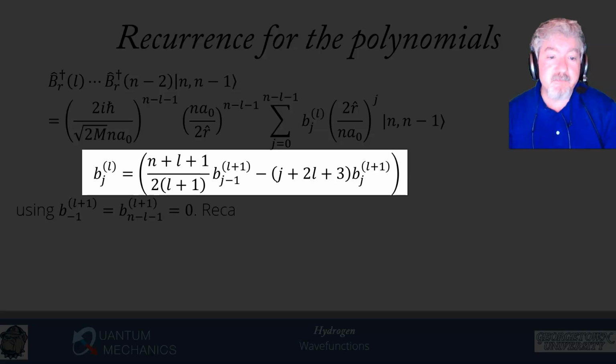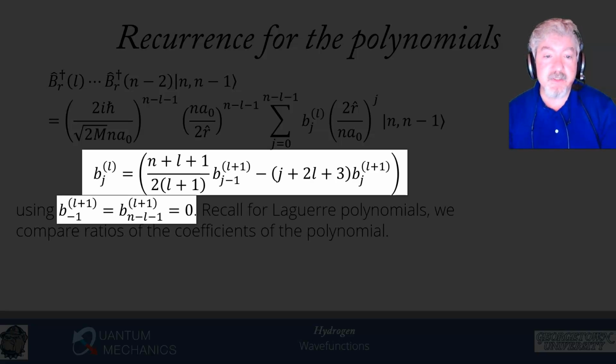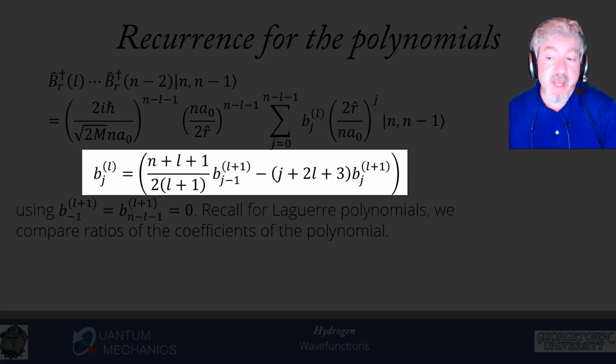And I'm just reminding you that we defined b l plus 1 of minus 1 and b l plus 1 of n minus l minus 1 to be 0, because we need that in order for those terms to be defined in the summation. And we've now derived a recurrence relation between the coefficients of the different polynomials.